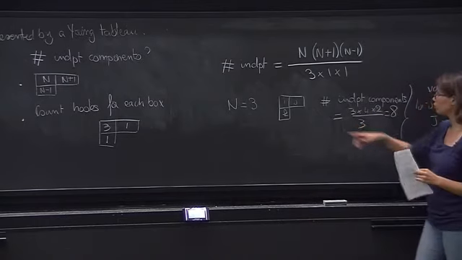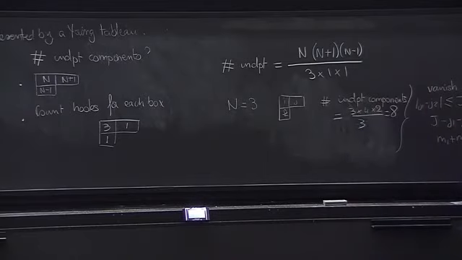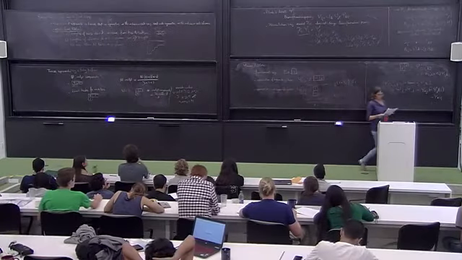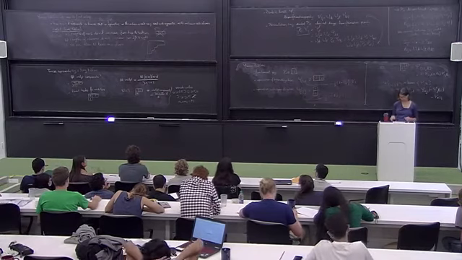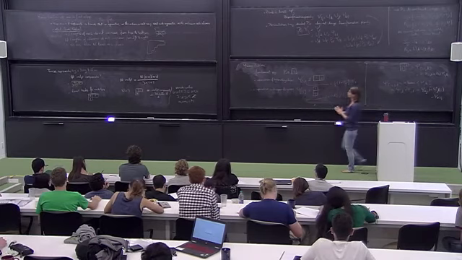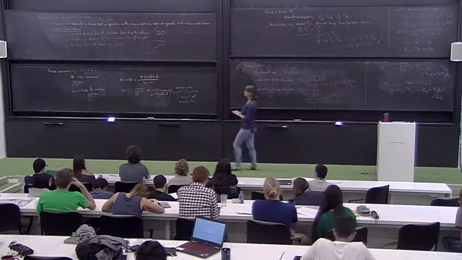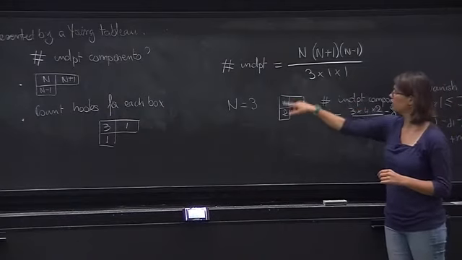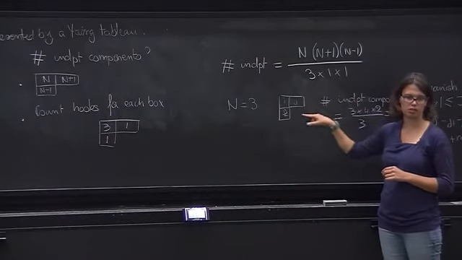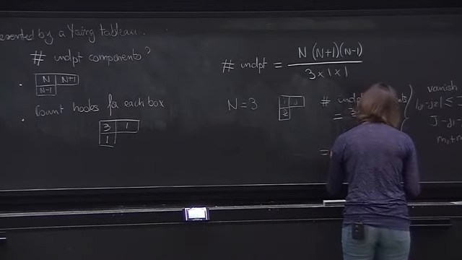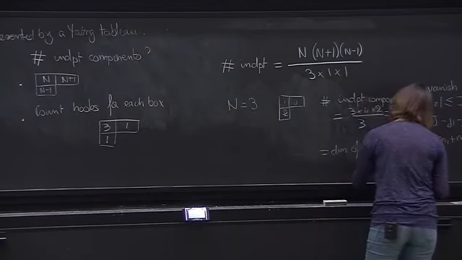This is the number of independent components for this tensor. Since this is also the dimension of SU(3), it means that what we have here is the adjoint representation.